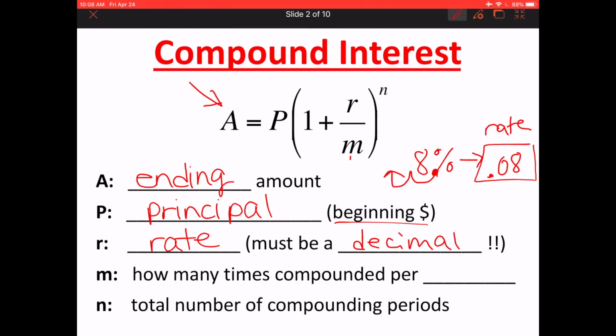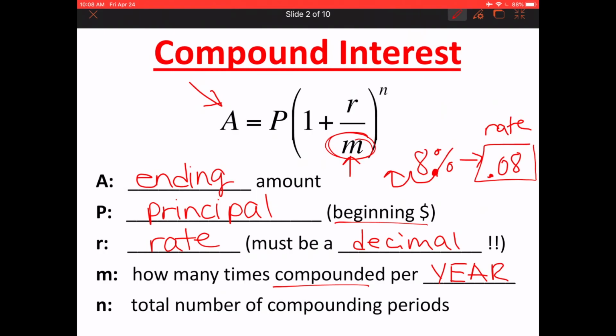The letter M here represents how many times the interest is compounded per year. So again, if it's compounded monthly, that's going to be 12 times per year. If it's compounded daily, that letter M would be 365 because it's compounded 365 times a year.